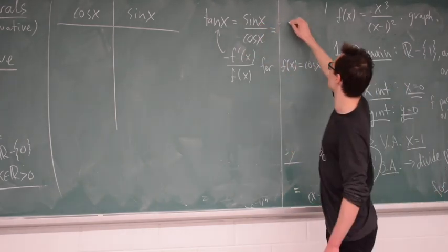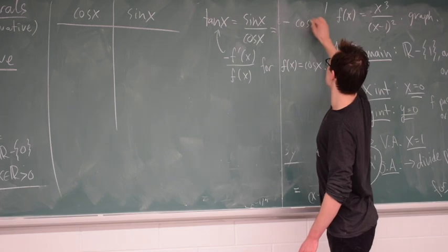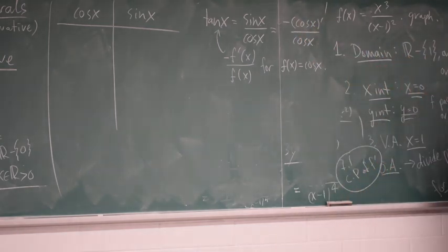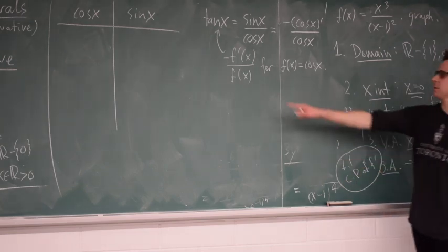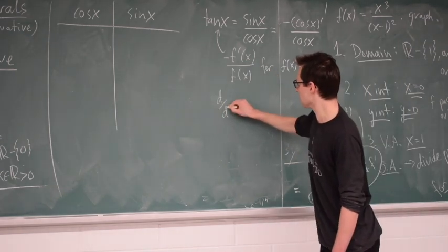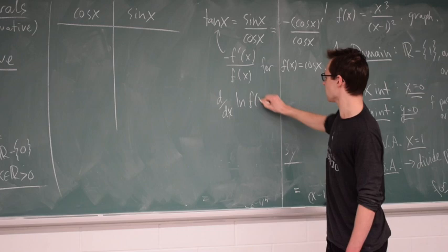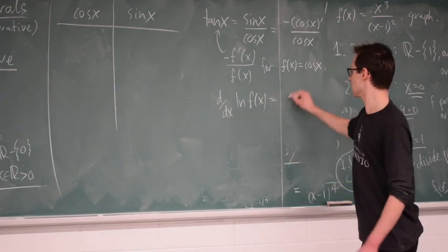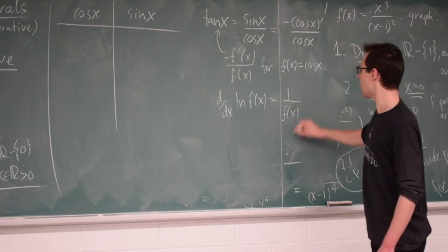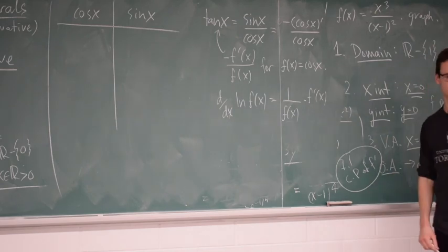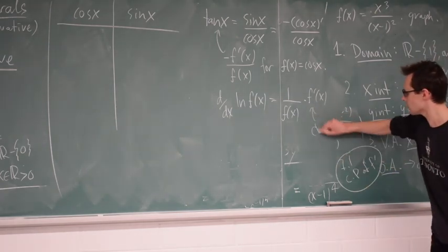So you can write it as negative cos of x prime over cos of x. Now, why does this help? We know of a function whose derivative will look like that. If we take the derivative of ln of f of x, the derivative of ln is 1 over f of x, but we need to multiply by f prime by the chain rule.